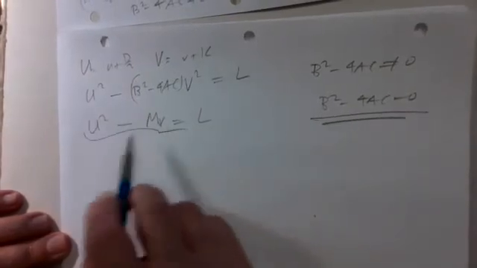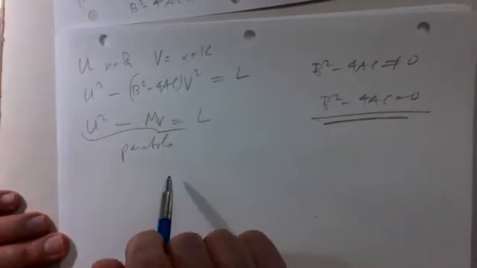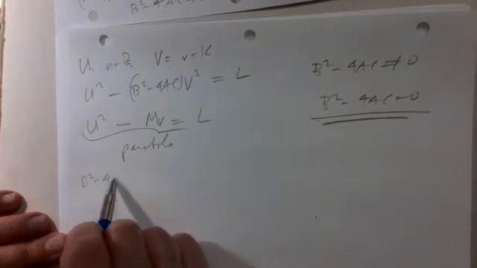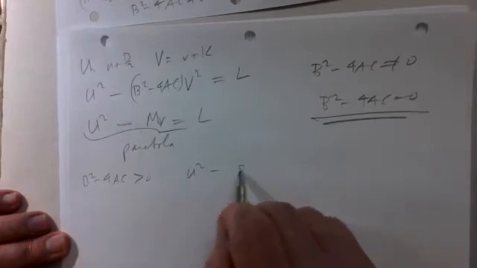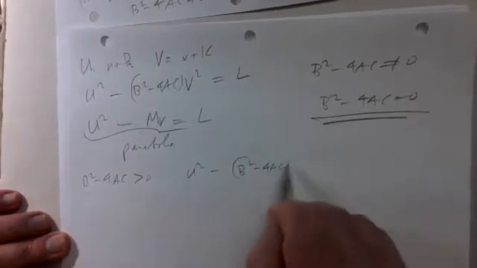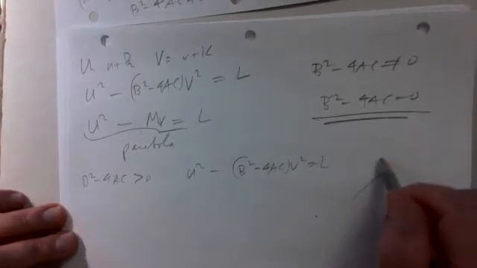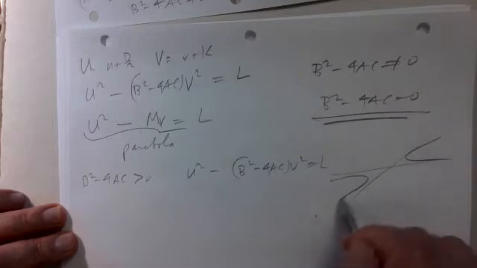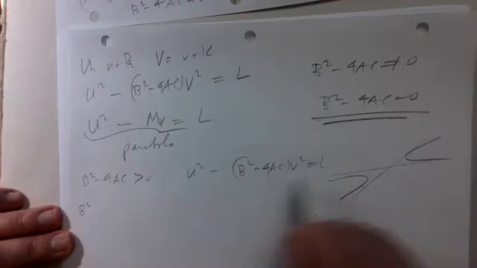Now, if this b squared minus 4ac is 0, this is a parabola. What is this? If b squared minus 4ac is positive, the equation u squared minus b squared minus 4ac v squared equals L, if you graph it in the plane, you get a hyperbola.